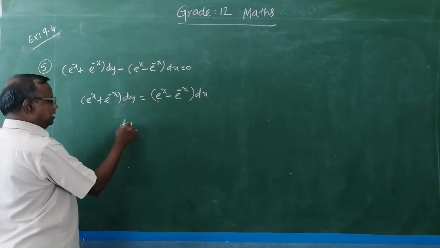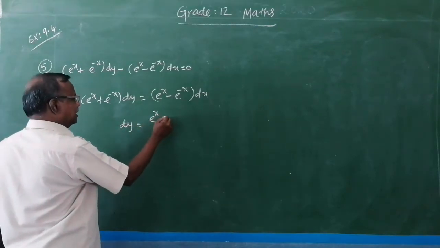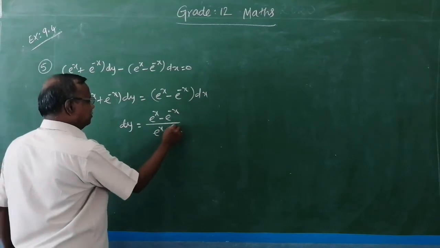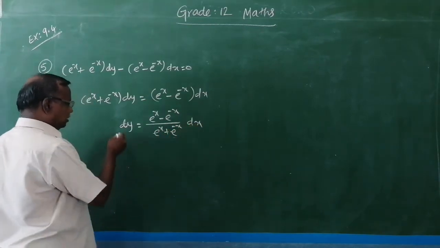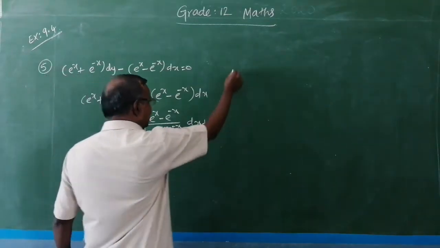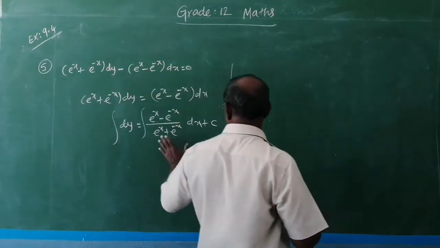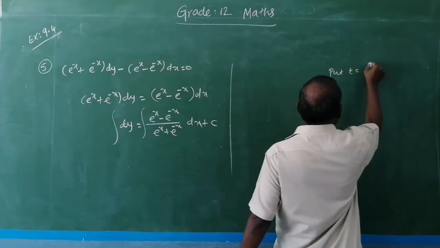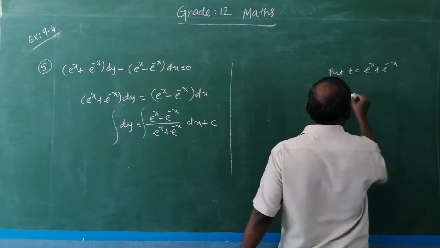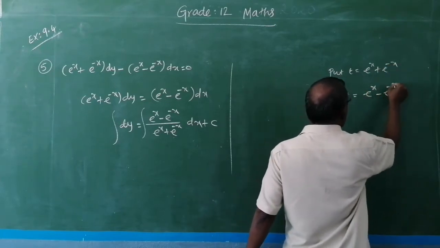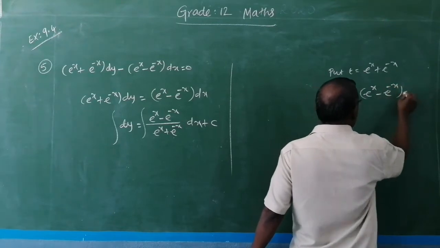So dy = (e^x − e^(-x)) / (e^x + e^(-x)) dx. Now integrate; at this stage, put one arbitrary constant, plus c. Now take the denominator as t: put t = e^x + e^(-x). So dt = (e^x − e^(-x)) dx.